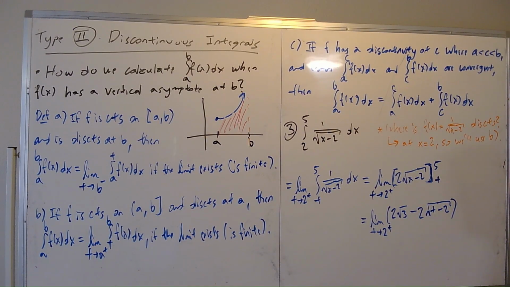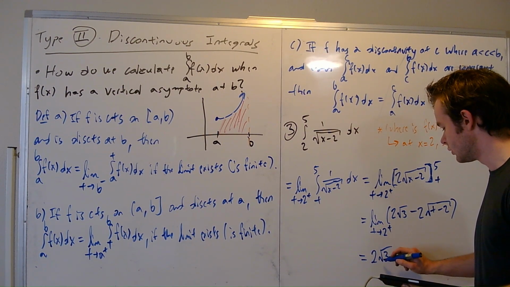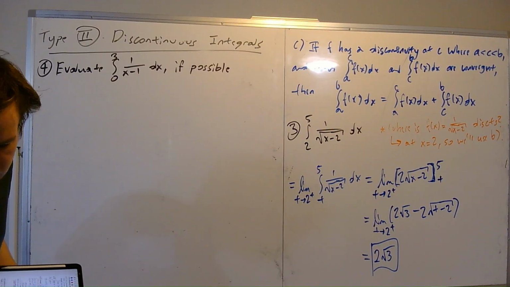Okay, so that's what happens whenever we plug in these limits. And then you analyze, well, what happens if t is going towards 2? Then this part here is going towards 0, so you just look at the first part. So our answer here is 2 square root of 3. So that's how we deal with that type of problem.